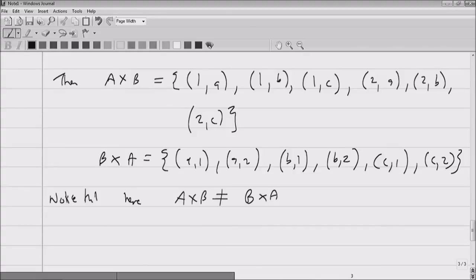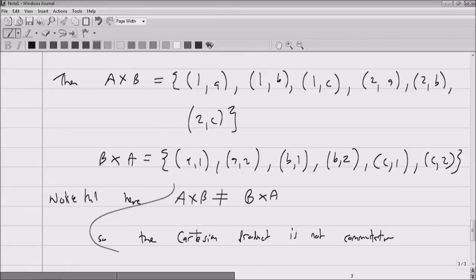What would be the technical term that we use if A times B is not B times A? We say that the Cartesian product is not commutative.